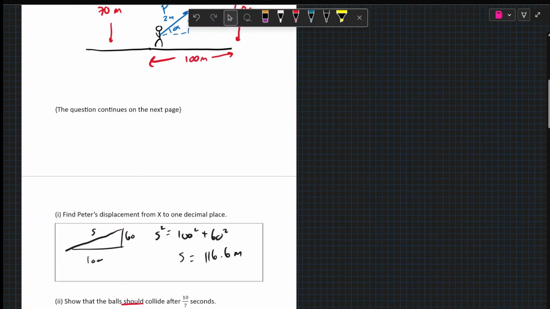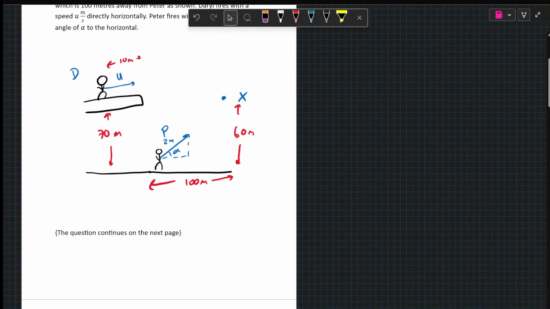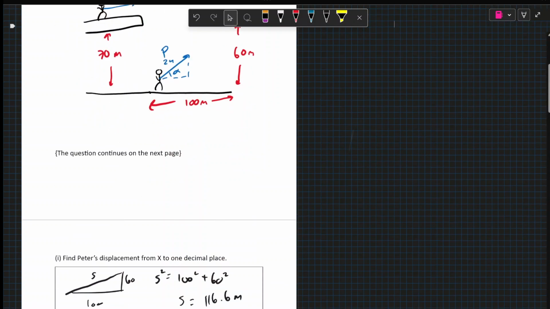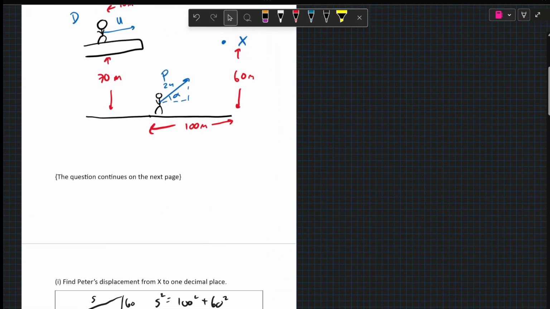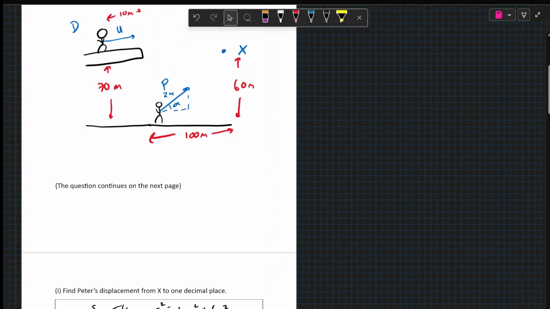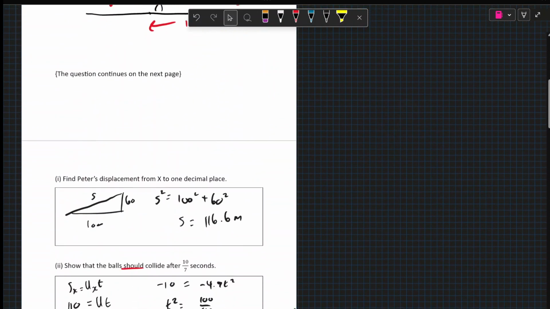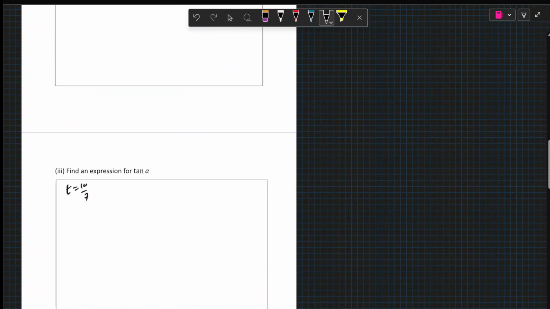Now, find an expression for tan of alpha. So what we want is that they have to collide after 10 over 7 seconds. So we can actually write that T is 10 over 7. Now we want tan alpha, so we should probably either find sine or cos. Now the simplest one to find is cos because of Sx equals Uxt.